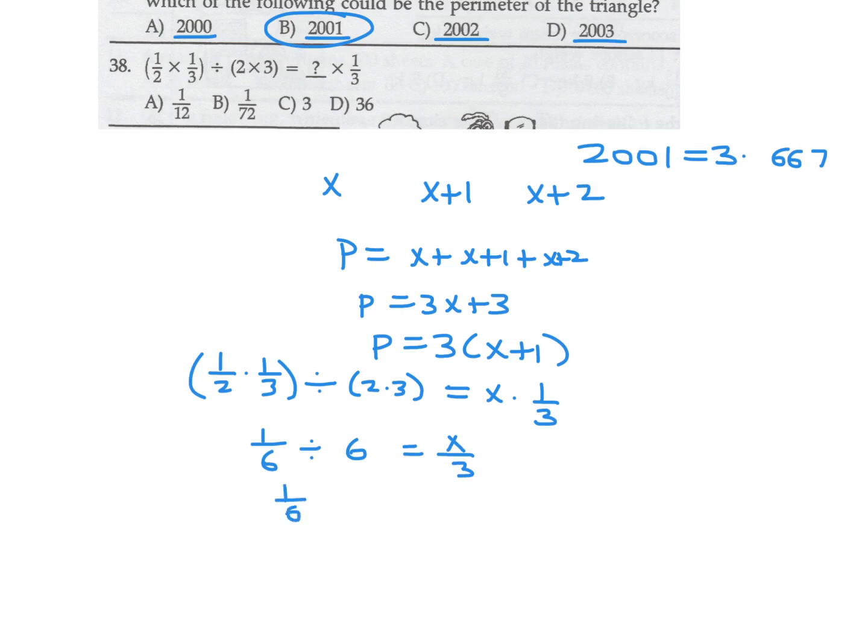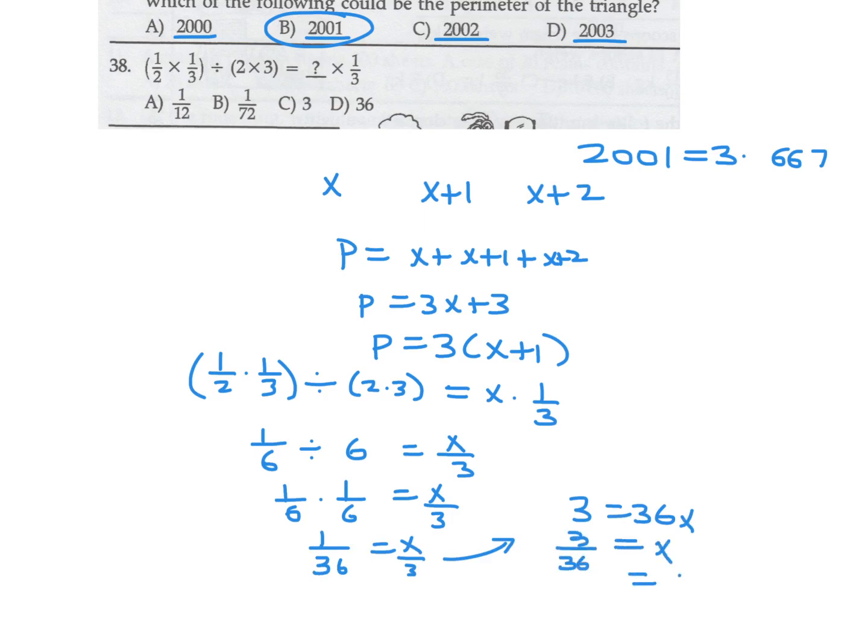Invert and multiply, so we get 1 over 6 times 1 over 6, and that's 1 over 36 is equal to x over 3. If you cross multiply, you get 3 is equal to 36x, and that would be 3 over 36 is equal to x, and therefore x is equal to 1 over 12. And 1 over 12 is A.